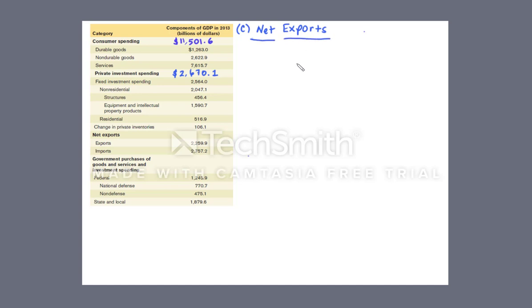So our net exports is going to be exports minus imports. And we're looking for this number right here that's going to tell us net exports. And so what we're going to do is subtract 2,259.9 billion US dollars.